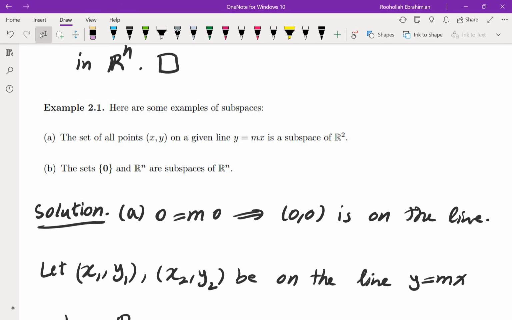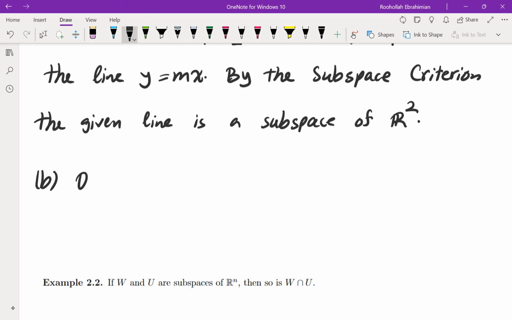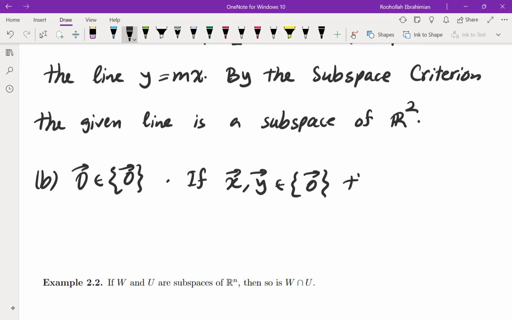The second part is asking us to show that the set {0} and Rn are both subspaces of Rn. So again, we need to show the same thing. Obviously 0 is in {0}. And if x and y are in this set, then there's only one element in there, so x and y are both 0.